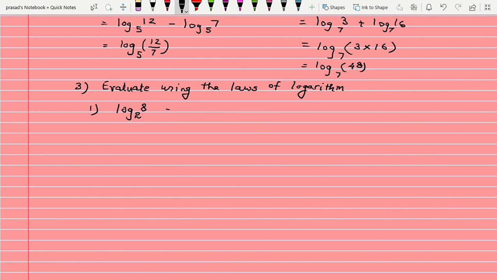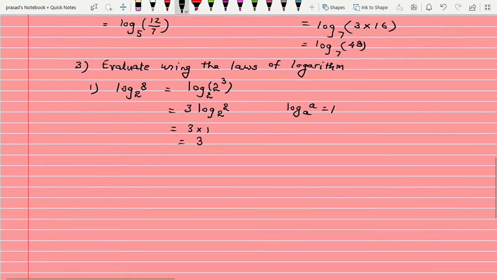Now I can write 8 as 2 cube to base 2. So if I use the power law, I can get 3 down. So 3 into log of 2 to base 2. And again log of A to base A is equal to 1. So this will be 3 into 1, which is 3.